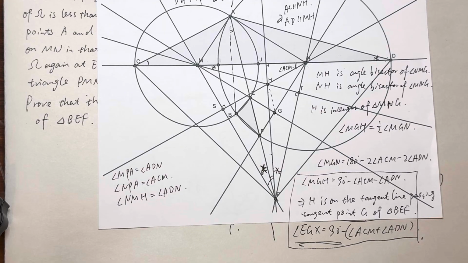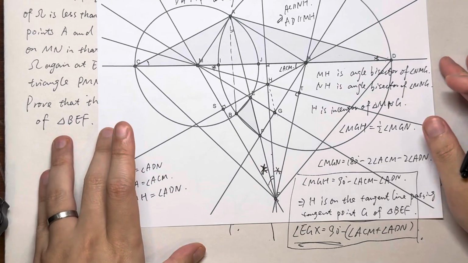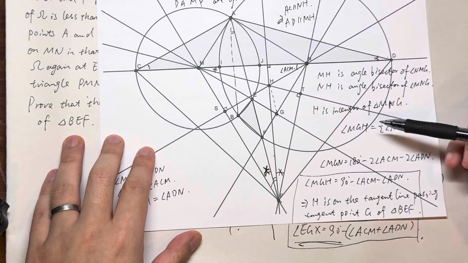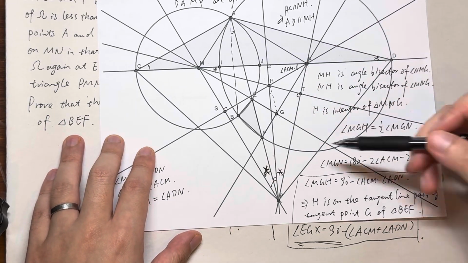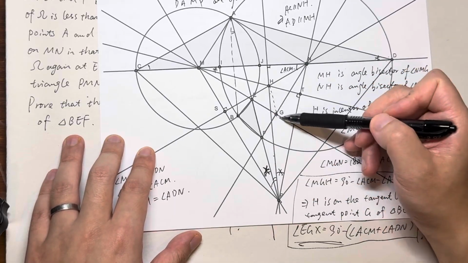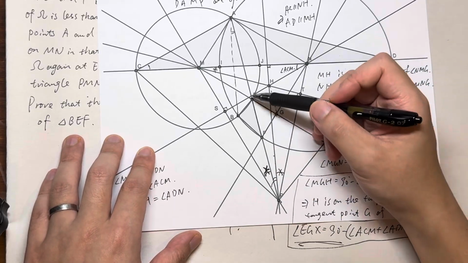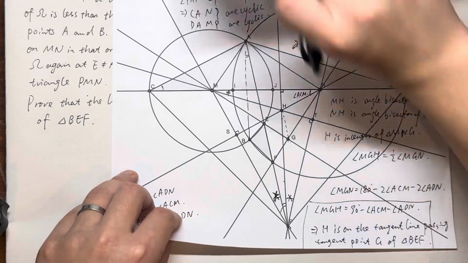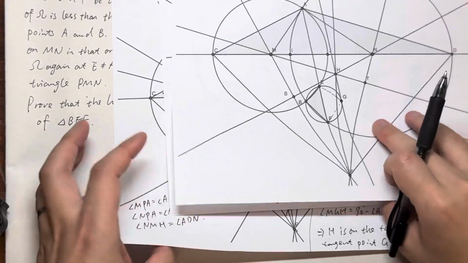Okay, for now, we just proved this problem. Where HG, of course, is parallel with AP, just because the tangent line passing through G is parallel with AP because EG equals GF, right? So for now, this problem is done.